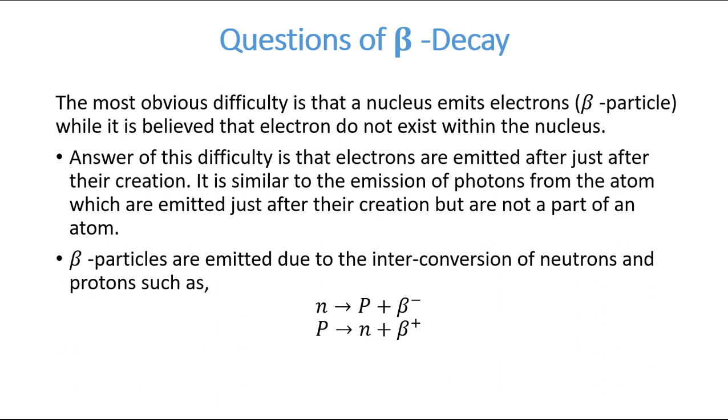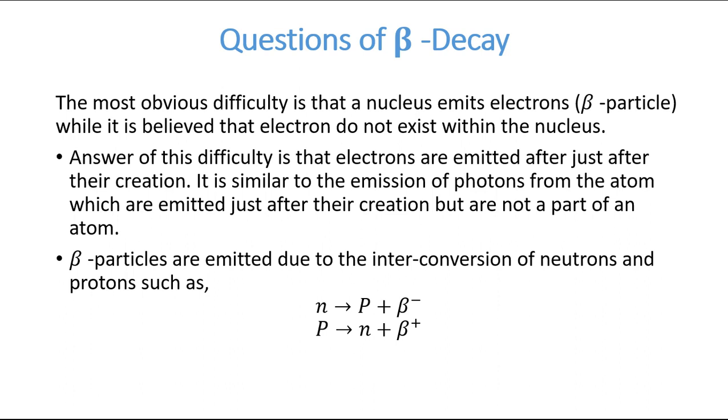The excited nucleus comes to the ground state by this internal conversion, changing its excess nucleons. In beta minus decay, a neutron is converted into a proton with the emission of an electron, the ordinary electron, and a proton is converted into a neutron with the emission of a positron.